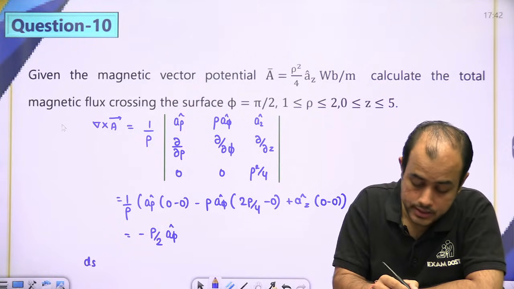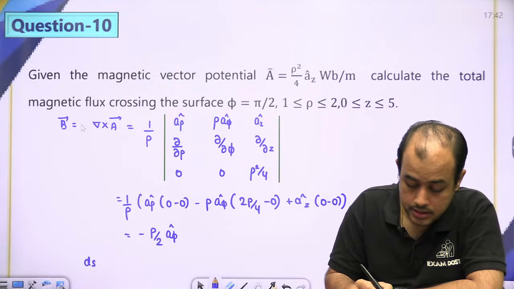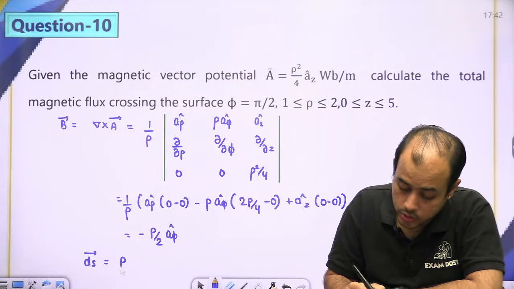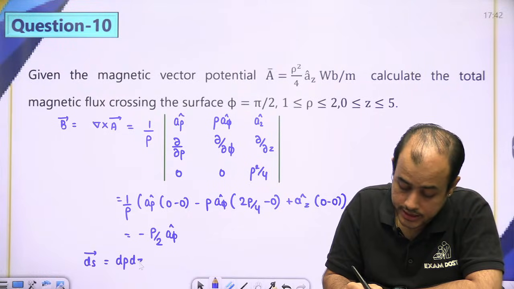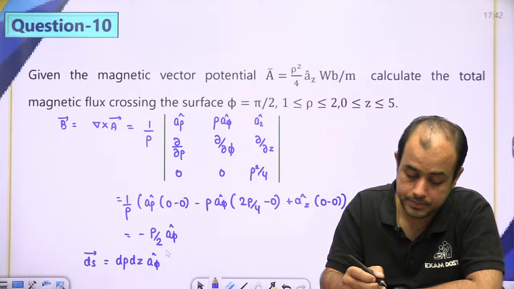Now beta, this is B vector. dS vector also you have to take in the same direction, d rho dz a phi cap.